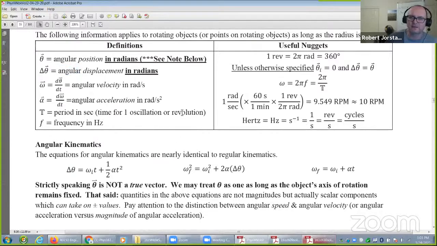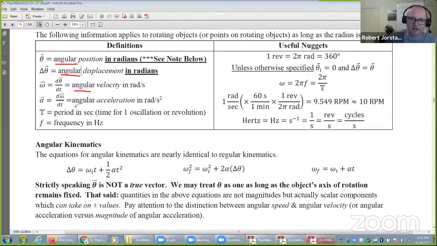So let's just underline the angulars in all of these. We're doing the same thing as before, but we're adding the word angular everywhere. As a result, we get angular displacement, angular velocity times time, angular acceleration, 1/2 times time squared. This is the v final squared equation. If you look at it, it's the same equation. omega final squared equals omega initial squared plus 2 alpha delta theta. And this is the other of the big three.